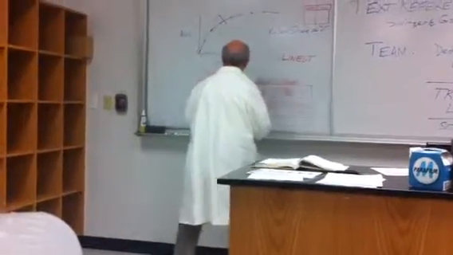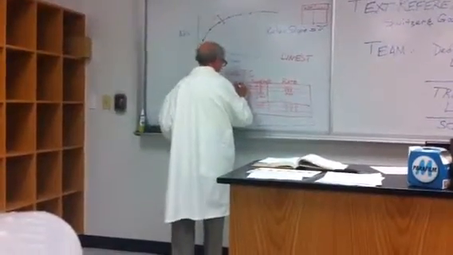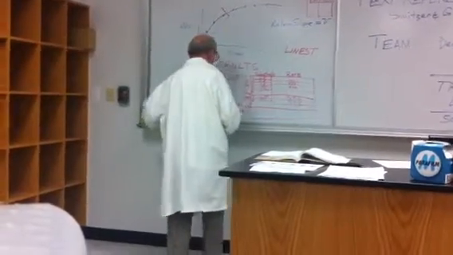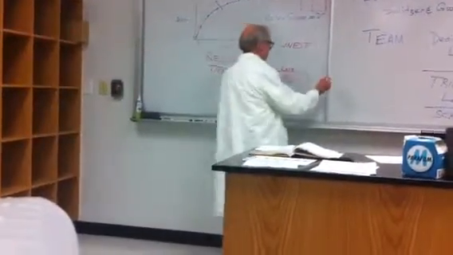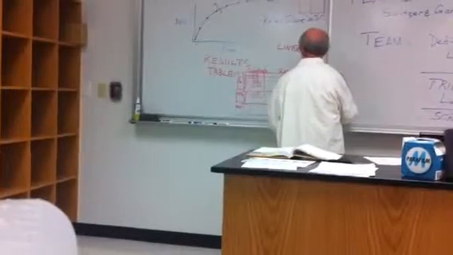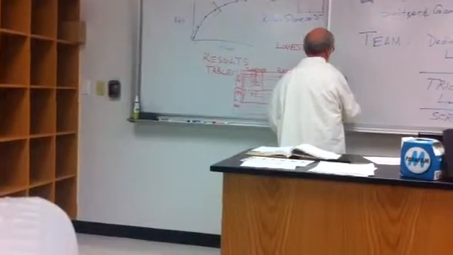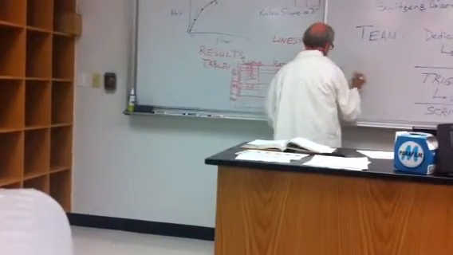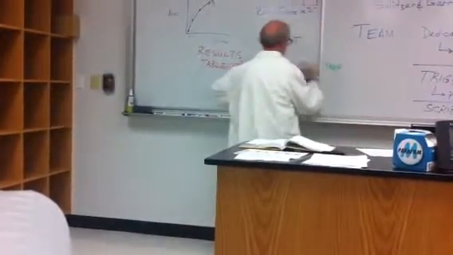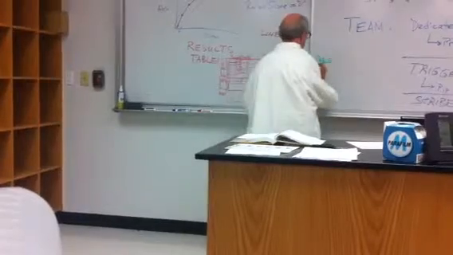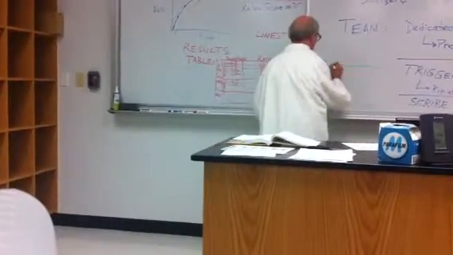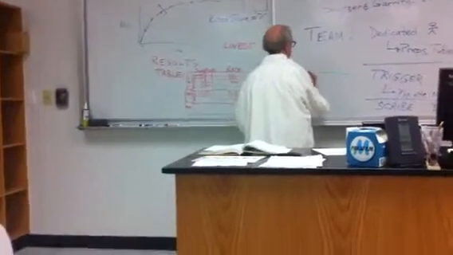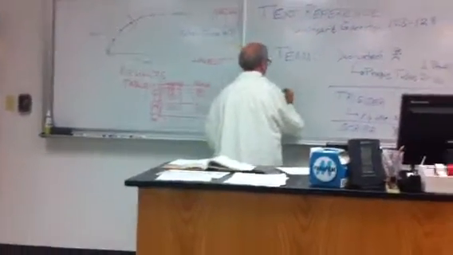So this is table 1, or table X, and then here comes table Y. Or conceivably, you could make it all in one, but it would look like this. It would be 1 over substrate, and 1 over the rate.